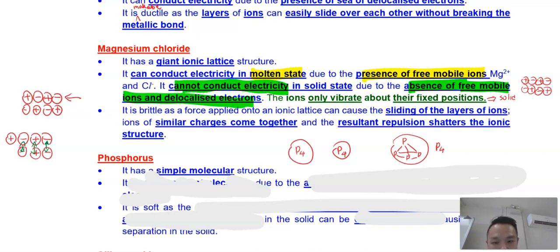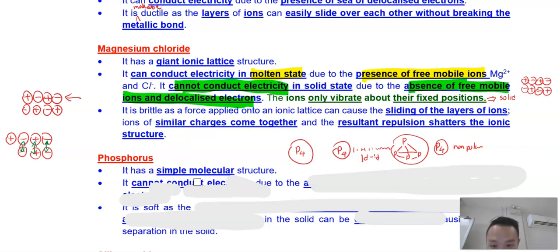But in between the P4 molecules, when looking at the properties, we are looking at the ID. How do I know it's ID? Because P4 is a non-polar molecule as it's all of the same element. There's no difference in electronegativity, you have no polar bonds, so it's definitely non-polar, it only has ID.